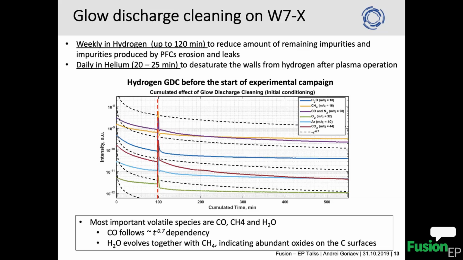Then you also have plasma operation, with chemical sputtering, erosion and so on, which also create impurities. For instance, CH4 is mainly produced by the interaction of hydrogen with carbon tiles, with carbon-based plasma-facing components. Yes, those are the three main sources of impurities in your fusion device.